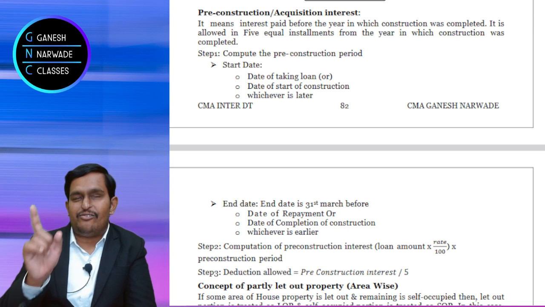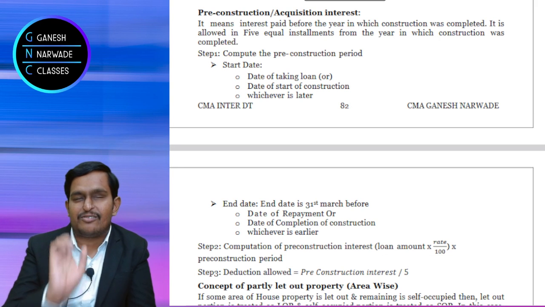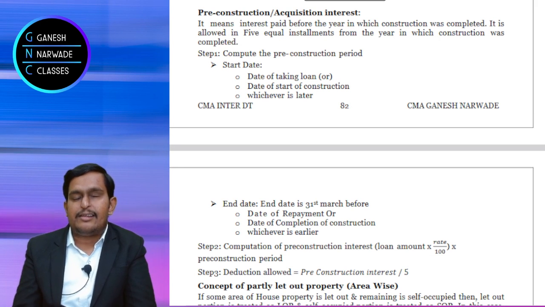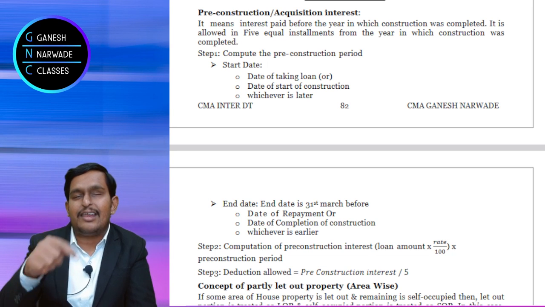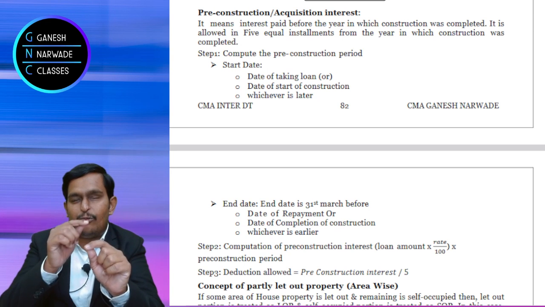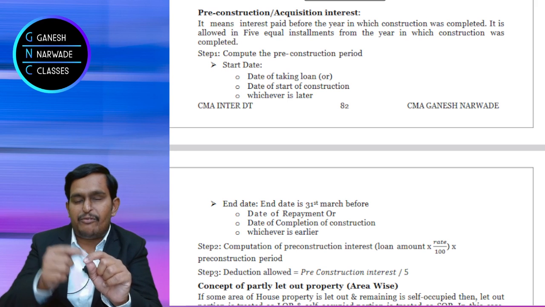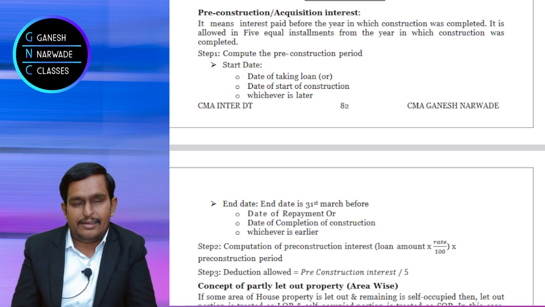If only one situation is there, take that one. But if both are there, check which is earlier, the repayment date or the construction completion date, and take that date. The 31st March that comes before it is the end date.